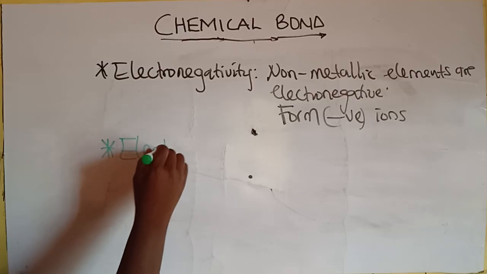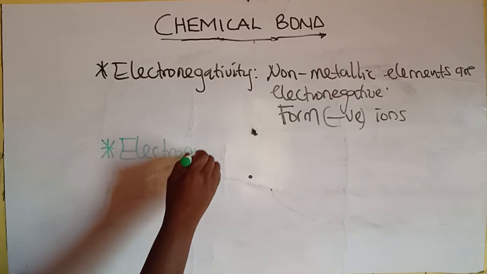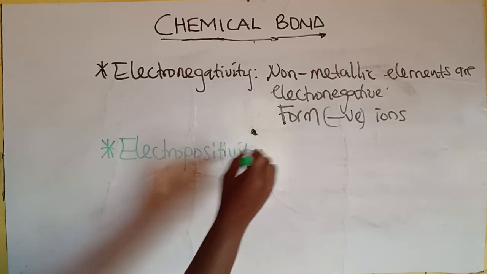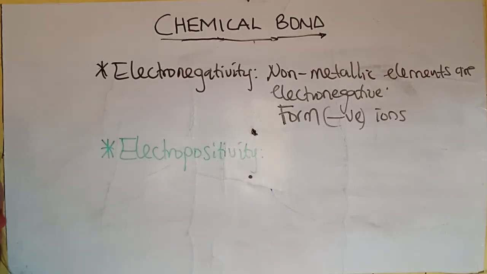Now let's quickly define the next, electropositivity. Electropositivity is the tendency of an atom to freely give out its valence electron during chemical combination.